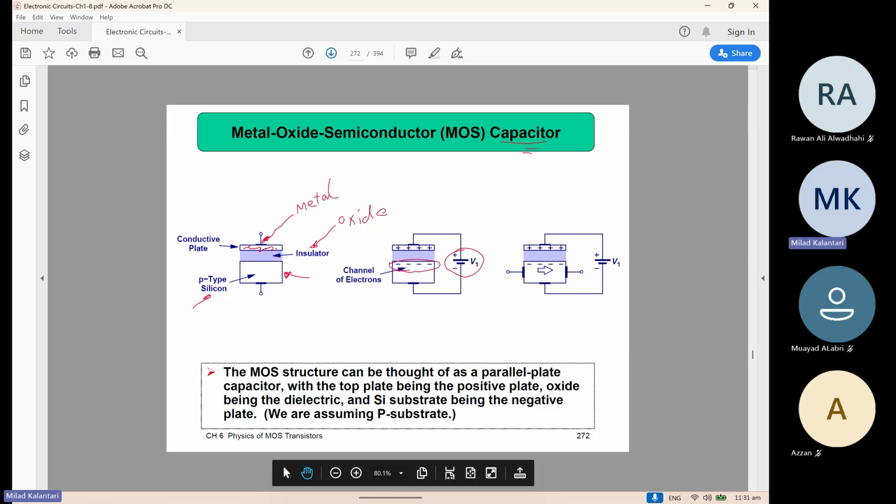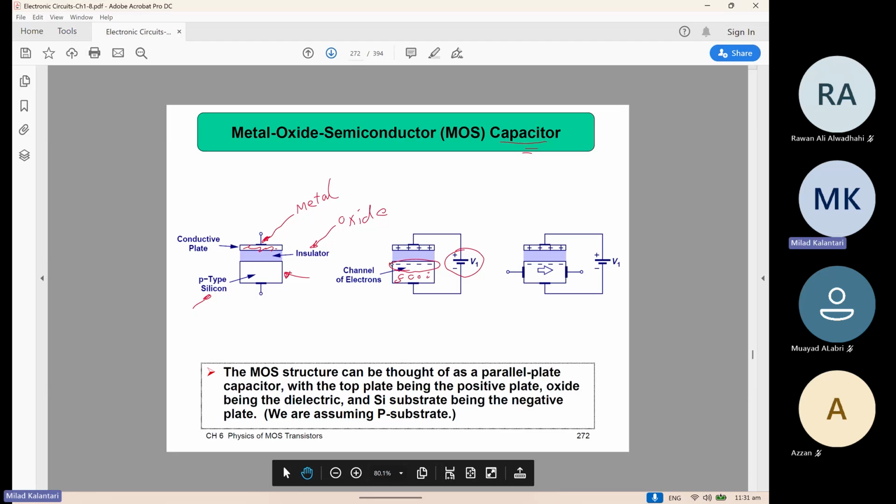But once you apply this voltage, you are making this charge trapped at the edge of this region, the plate of the capacitor. So it tries to absorb some of the free electrons over here, and the holes will go back a little bit from this side, right?